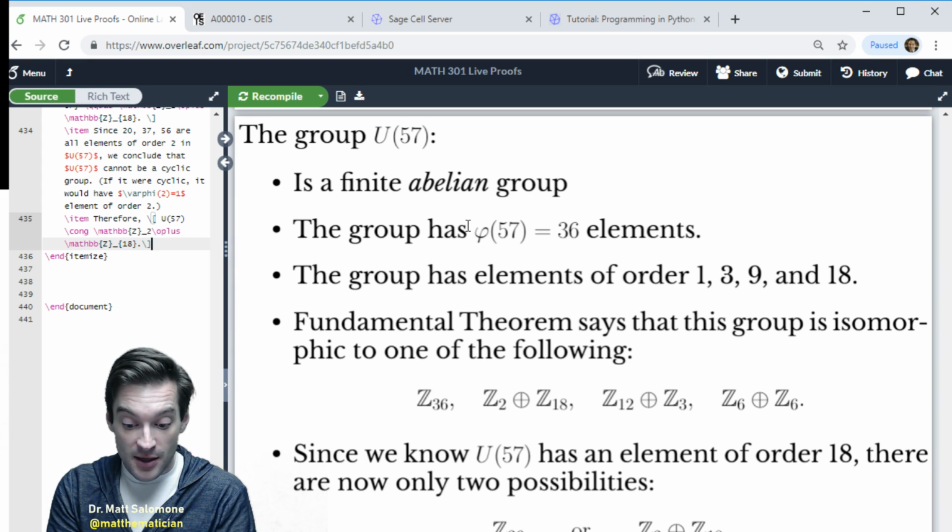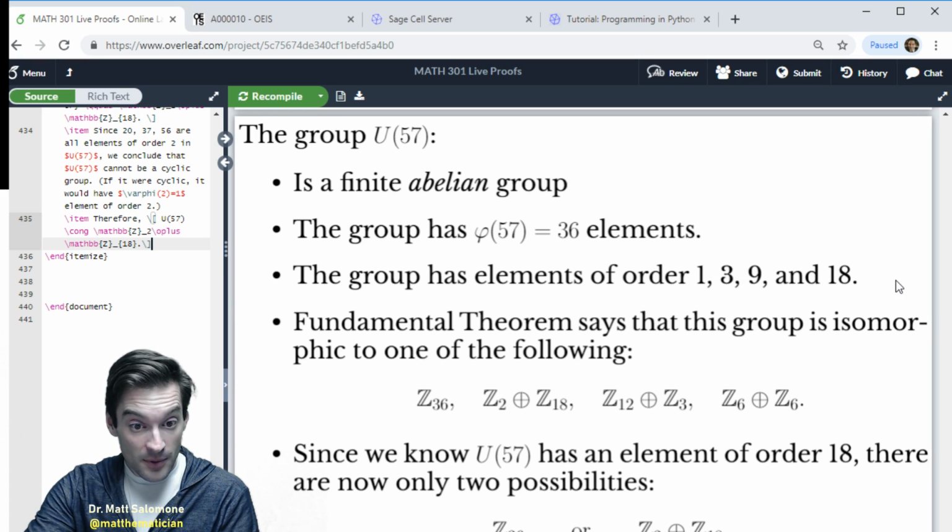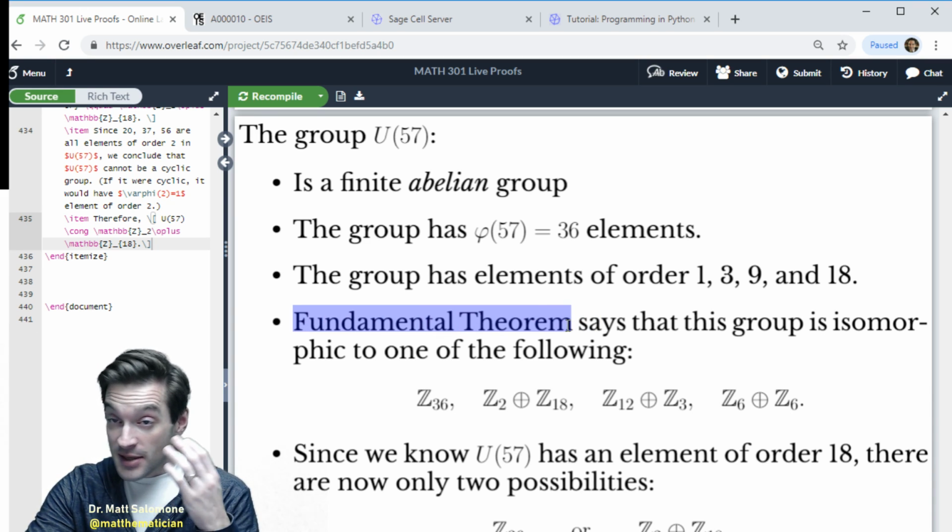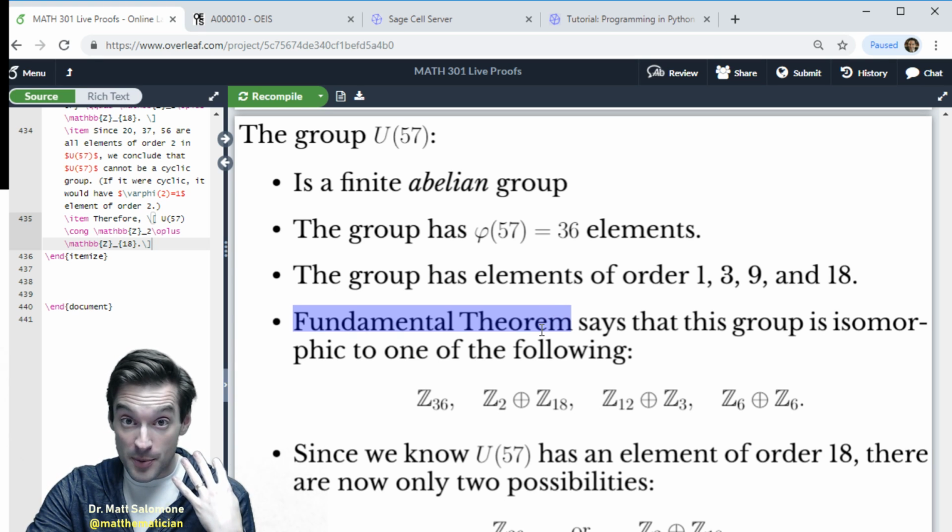And so it's a finite abelian group of order 36. We also directly found out that it had an element of order 18, right? And this is where the fundamental theorem came in. It says that U57 has got to be isomorphic to one of the only 4 isomorphism classes of abelian groups of order 36. And those we found by doing the stack it game, right?